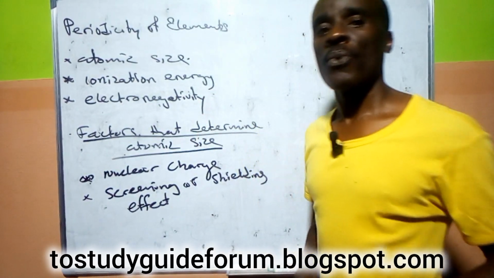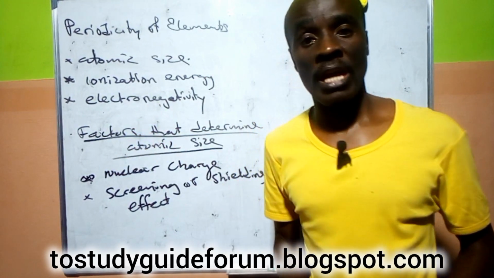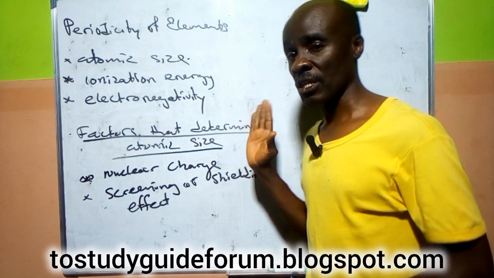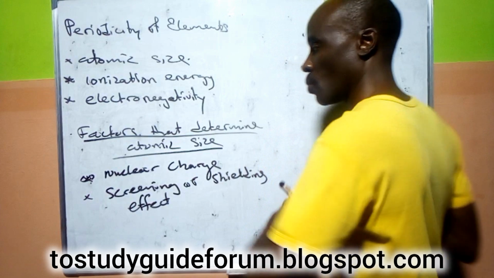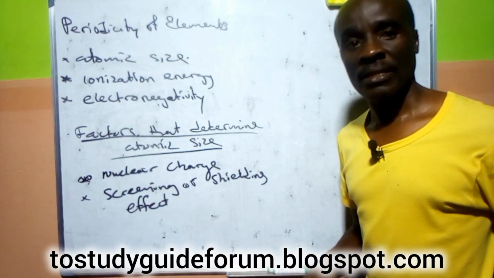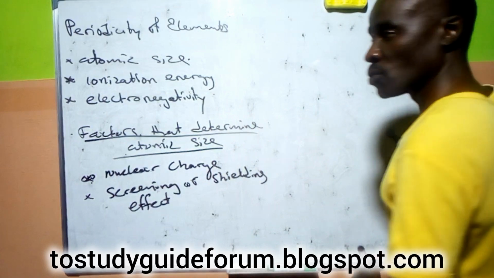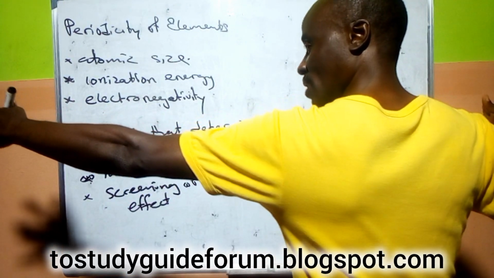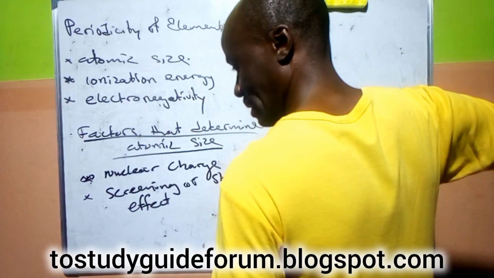Now, we all know, from what we have already discussed in our previous class, that the metallic property increases as you move towards the left, and the non-metallic property increases as you move towards the right.